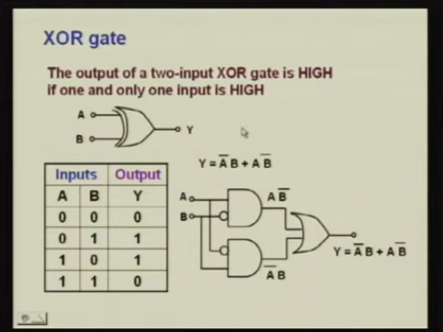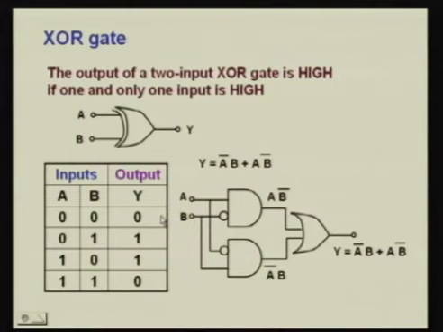It can be used in the arithmetic circuits, the arithmetic portion of any computer, and also in a comparator circuit where we have to compare two signals. If we have two signals A and B and both are equal, then at the output we will not get anything; the output will be off, or in the zero state.